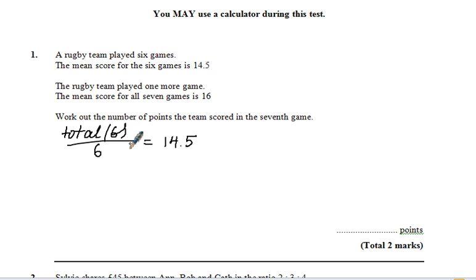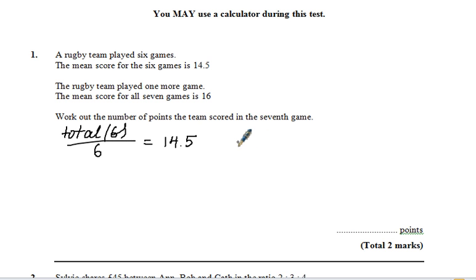Obviously, in algebra, you can simply introduce a letter. The only thing is that I would like you to remember, if you would like to use a letter for, say, total for the 6 games, always explain what that letter means. So you need to write, let x be the total for the 6 games. Then you could write x divided by 6 equals 14.5.